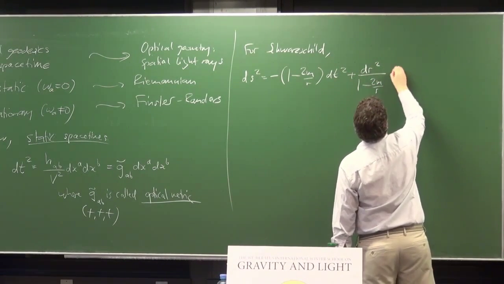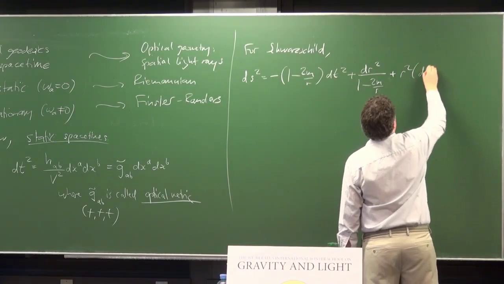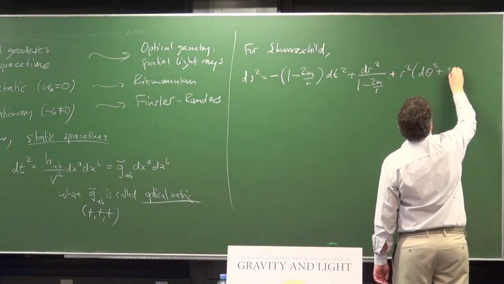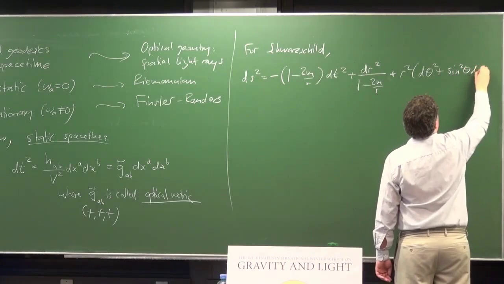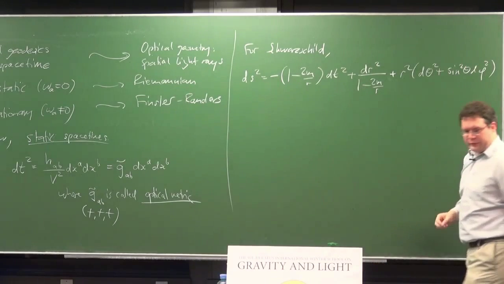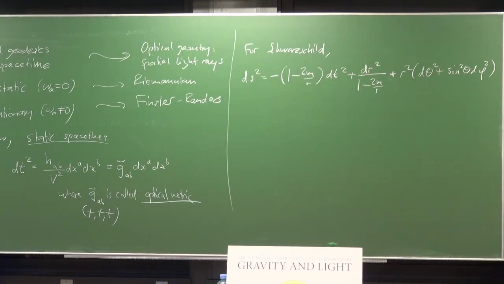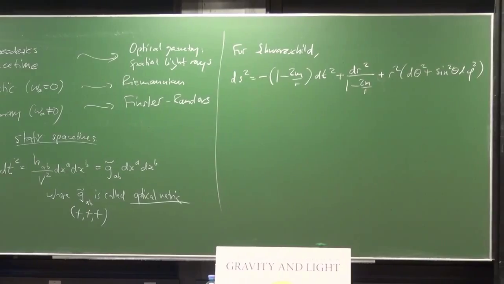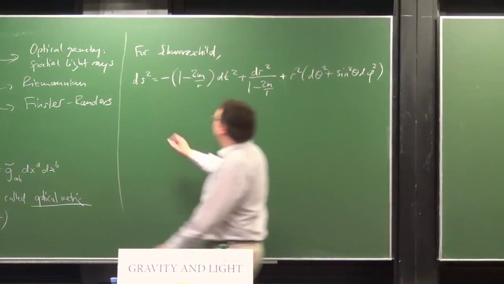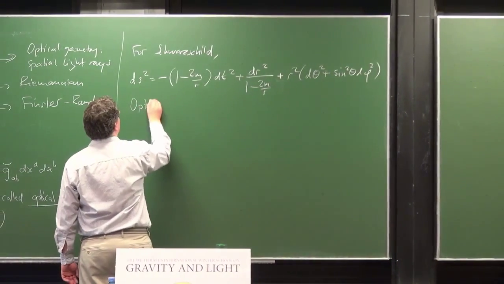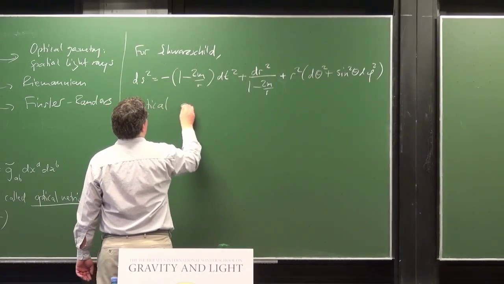All right, so that's Schwarzschild in all its glory, the line element in space-time. Now, what's the corresponding optical metric? So, optical geometry.